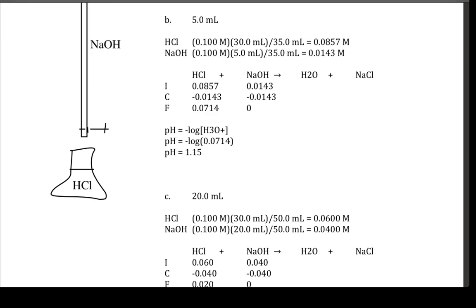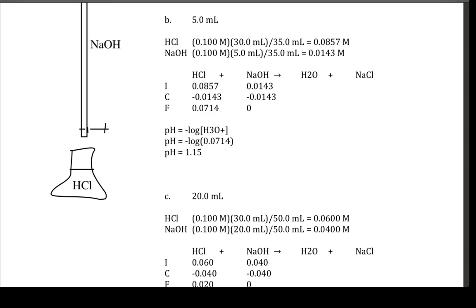Alrighty, so for the HCl, we have its original concentration, 0.100 molar, times the volume of it that we have initially in the flask, 30.0 mLs, divided by the final volume, 30 mLs plus 5 mLs, or 35.0 mLs. So the HCl initial concentration is 0.0857 molar.